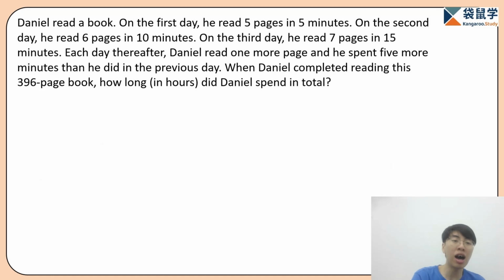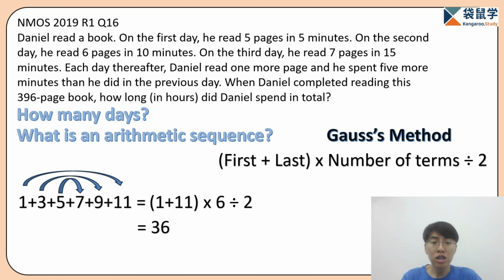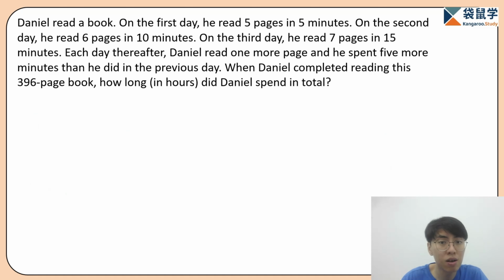So with that in mind, let's think. On the last day, how many pages did he read? We may be thinking. So we have already found that we can use an arithmetic sequence to solve this.